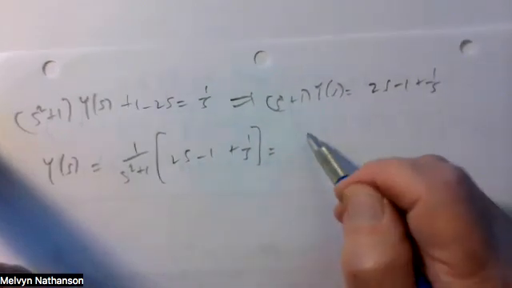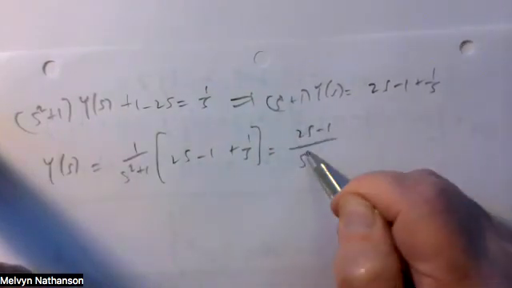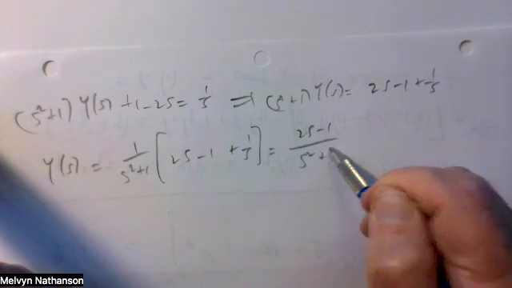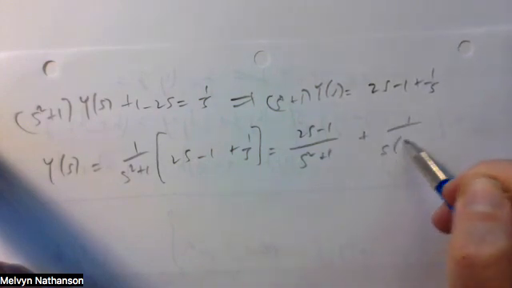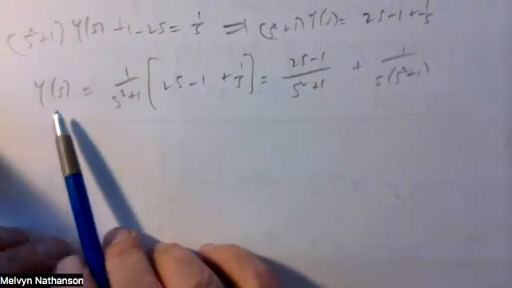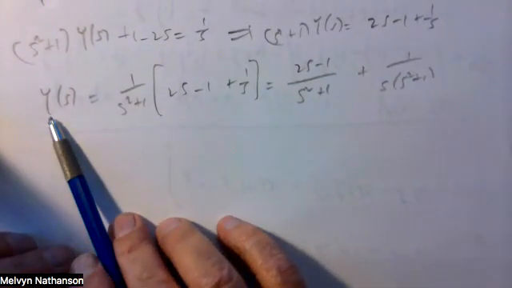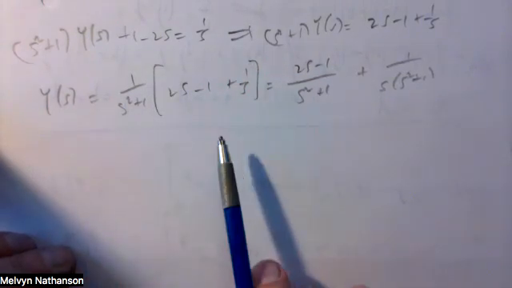Let me write this as 2s minus 1 over s squared plus 1, plus 1 over s times s squared plus 1. So our unknown function y has a Laplace transform equal to this.